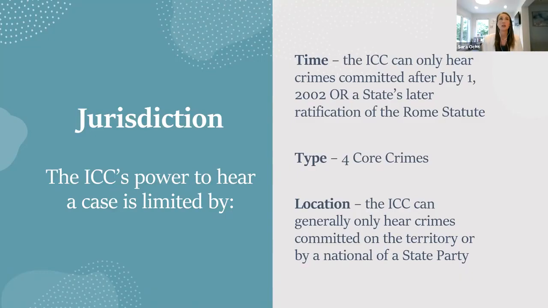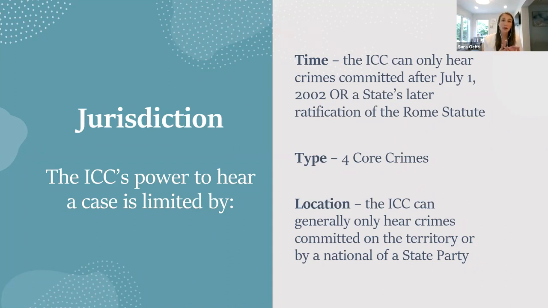So, for instance, one of the cases that was before the court involved the Democratic Republic of the Congo. The DRC is a state party to the International Criminal Court, which means the court has jurisdiction to hear crimes that were committed on its territory.